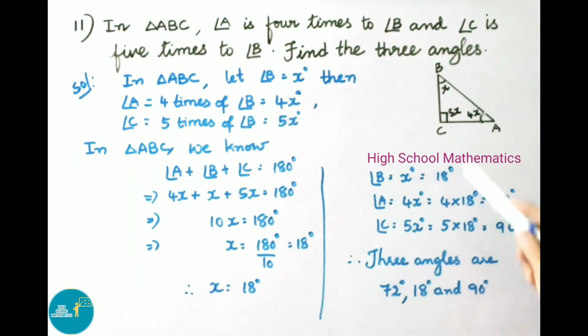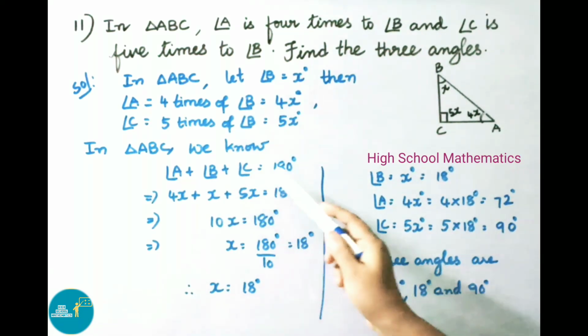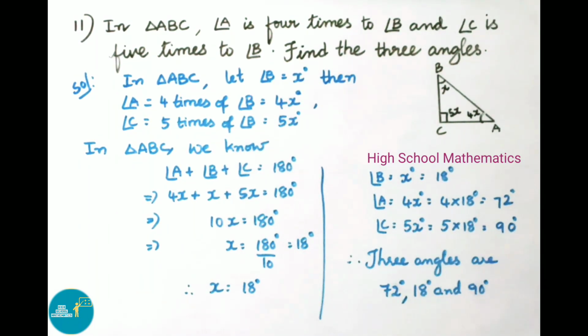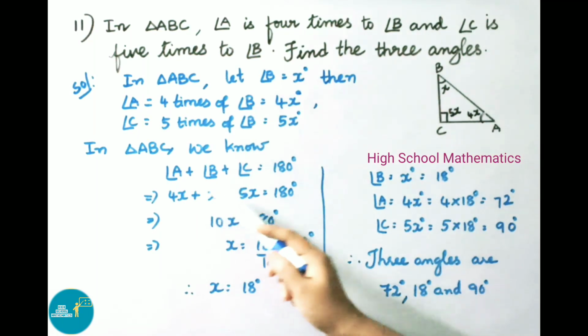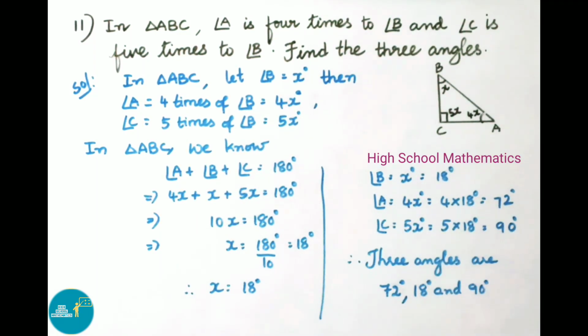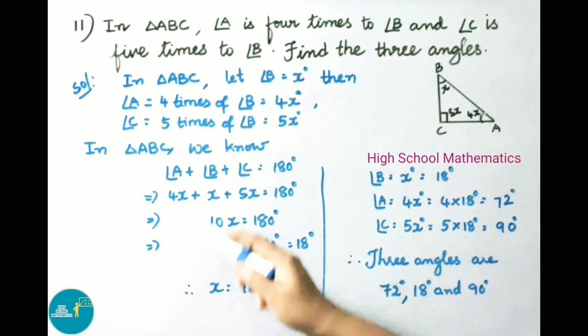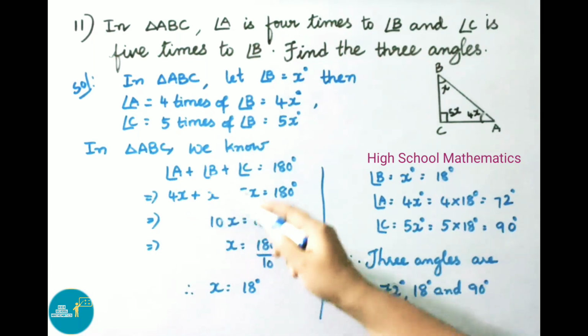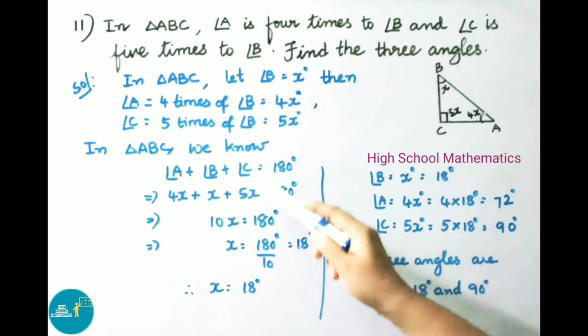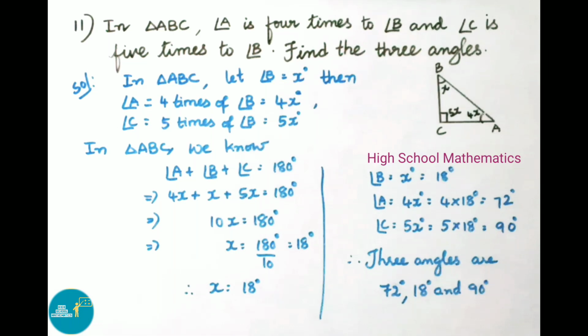Next angle C is 5 times of angle B, that is 5x. In triangle ABC, we know sum of the angles in a triangle, that is equal to 180 degrees. So angle A plus angle B plus angle C, that equals to 180 degrees. That implies angle A 4x plus angle B x plus angle C 5x, that equals to 180 degrees.